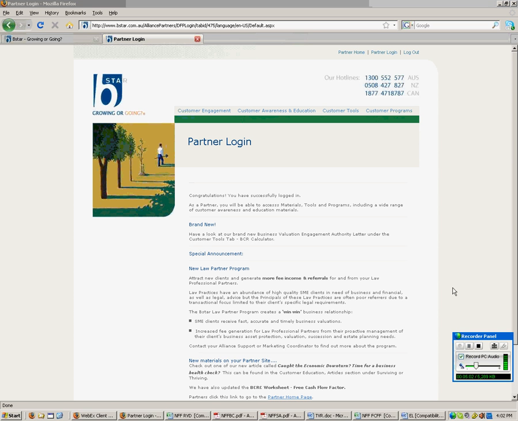Once an alliance partner logs on to their partner site, they can access the calculator by clicking on the Customer Tools tab and selecting the Business Capitalisation Rate Calculator.